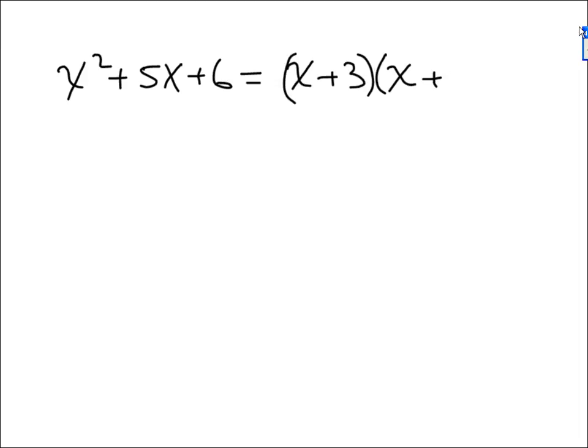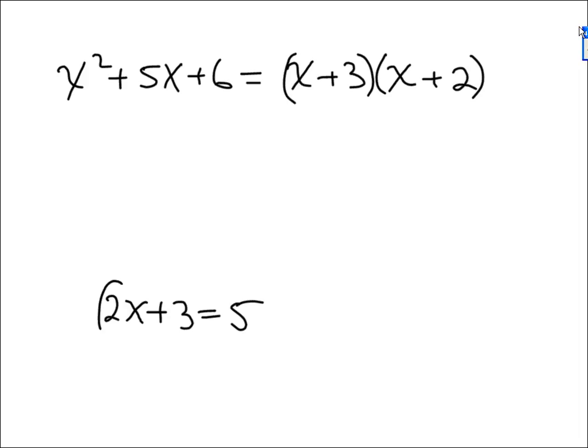So we just learned that when you factor this, you get x plus 3 times x plus 2. This is called an identity. It's not conditional. The right side and the left side are always equal. If somebody told you that 2x plus 3 is equal to 5, well, that's not always true.